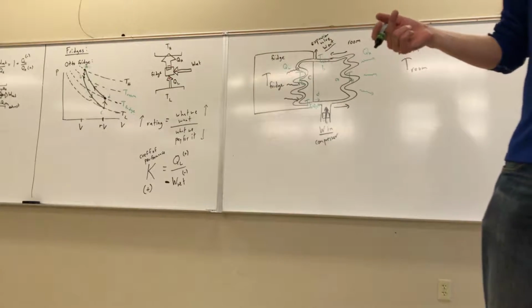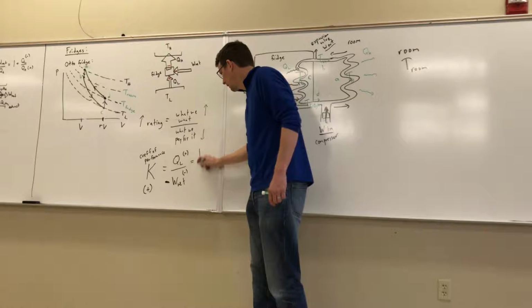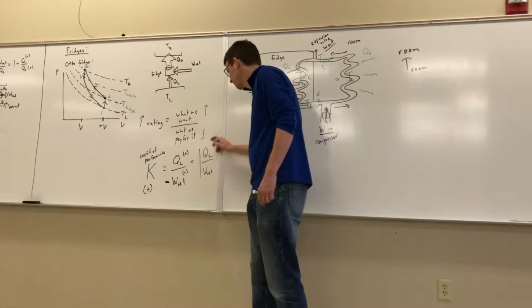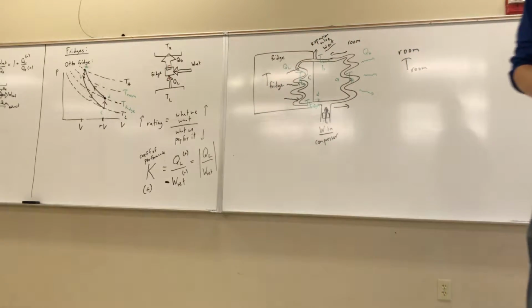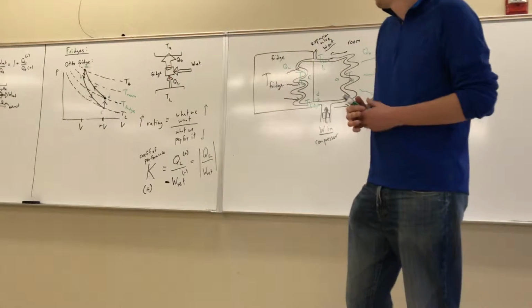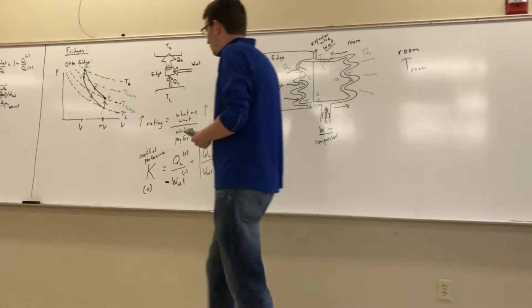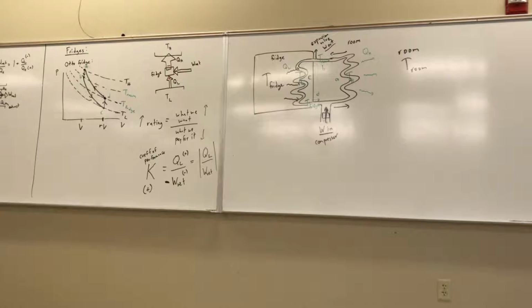That'll cancel the negative of the net work itself. Or some people like to write it like this. It doesn't really matter. The point is that whenever you're giving yourself a rating, you always want to give yourself a positive rating. Okay? So, there is your rating for a refrigerator.